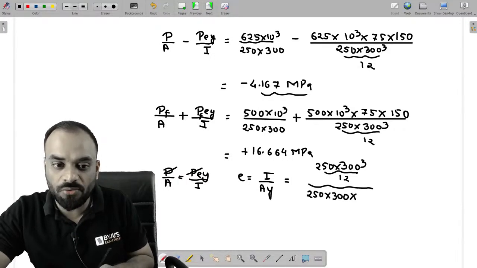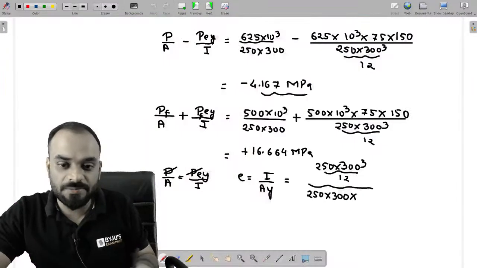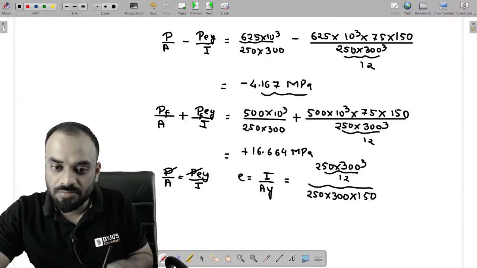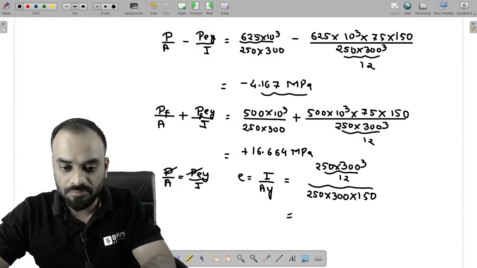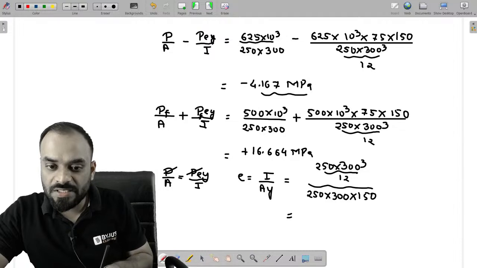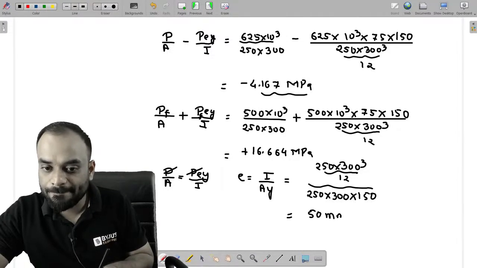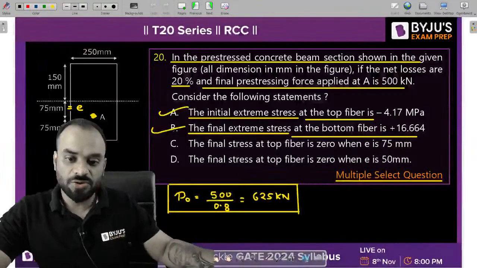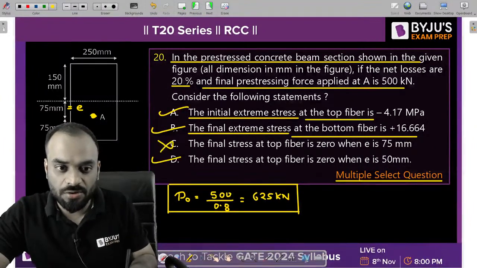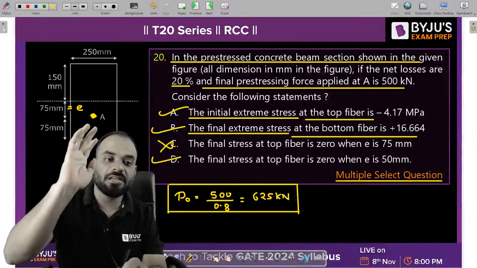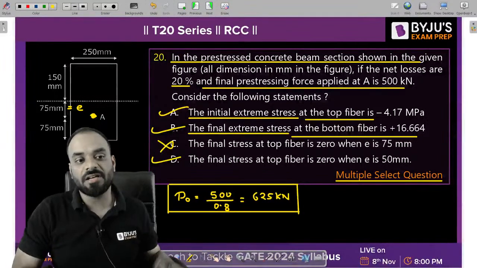And what is the value of Y? Y is basically 150. Let's calculate the value of E. How much are you getting? So guys, this value is coming around 50 mm. So can I say that this D option is correct, but C is wrong? So A, B, D are the correct statements.